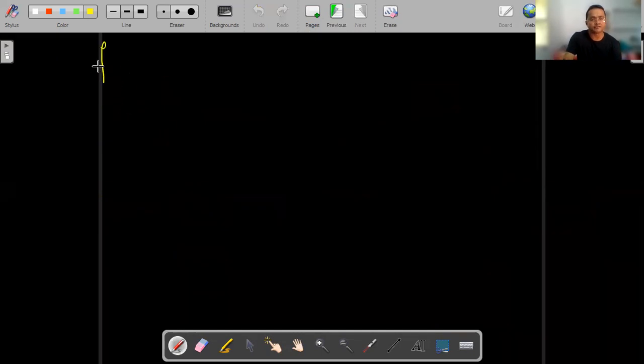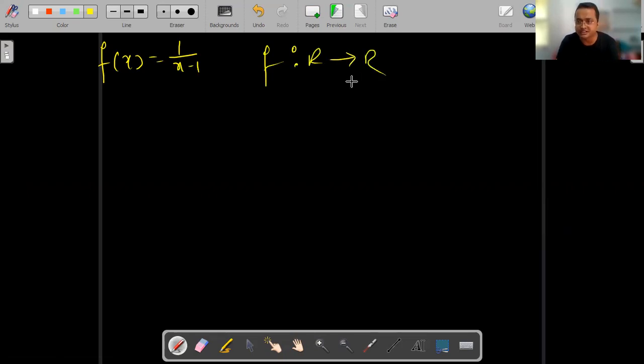See here, f(x) = 1/(x - 1), and again the function is defined from real numbers to real numbers. What is our first duty? y = function, so y = 1/(x - 1). Then we have to get the value of x.